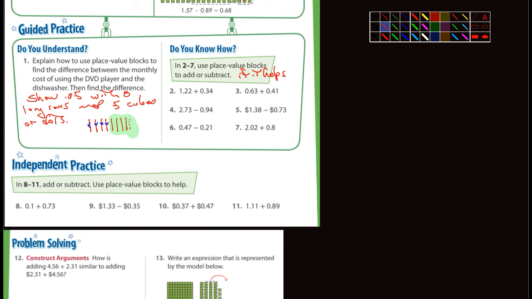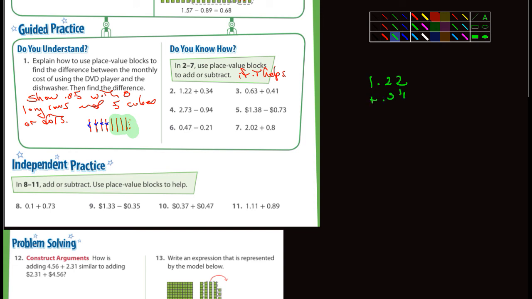Or we can just do it the old-fashioned way. Let me do a few like that. So I'm going to put 1.22, and I'm adding 0.34.